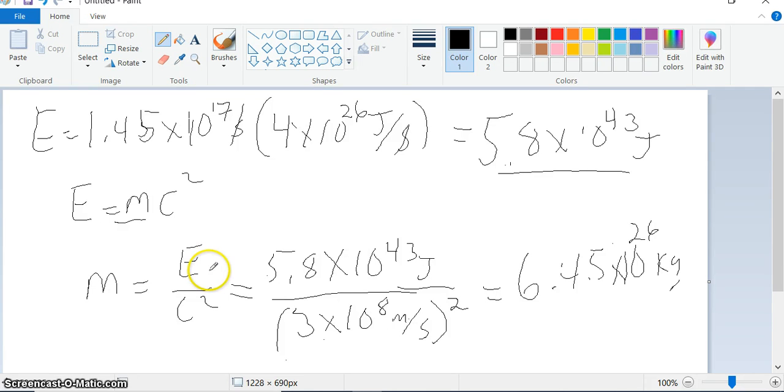Saturn's the second largest planet in the solar system, but next to the mass of the sun, which is of course 2 times 10 to the 30th, it's a tremendous amount of mass, but the sun has a lot more mass to use. All right, so that'll be it for these problems.